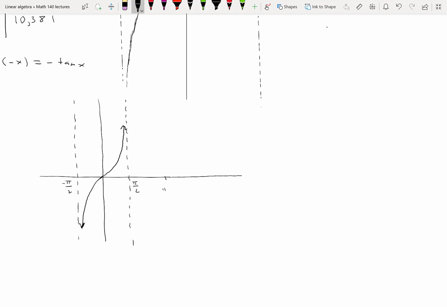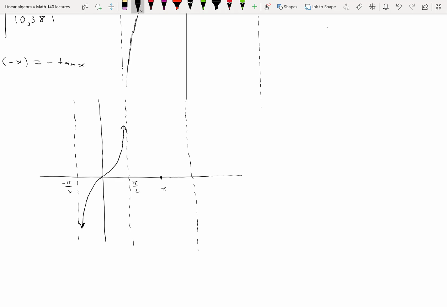So if I wanted you to sketch two periods, we just continue this graph. Where would be the next asymptote for this tangent function? Well, if the period is pi, then the next point where the tangent is 0 from the origin would be pi away from that.